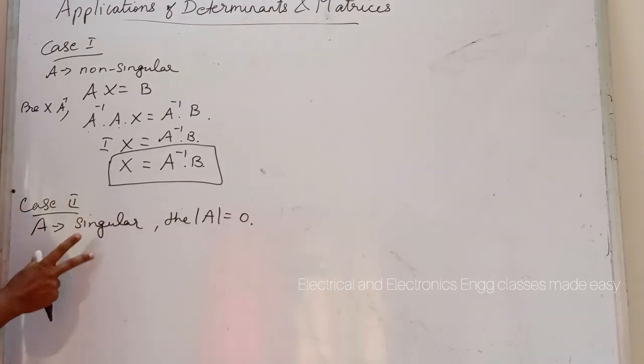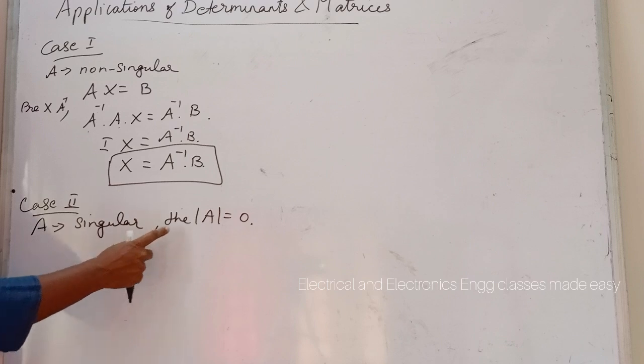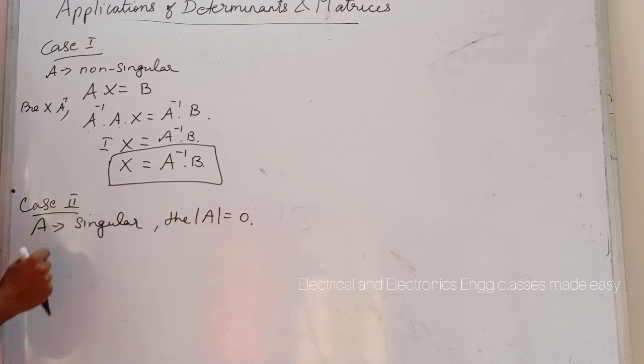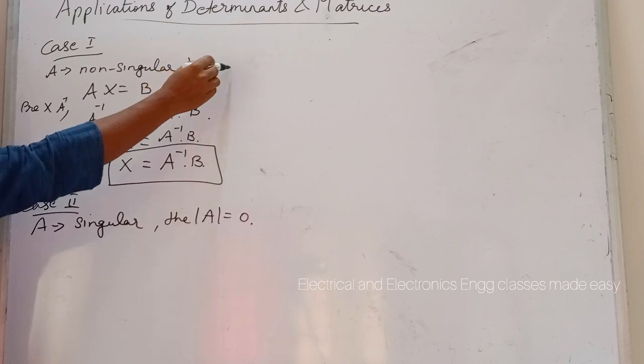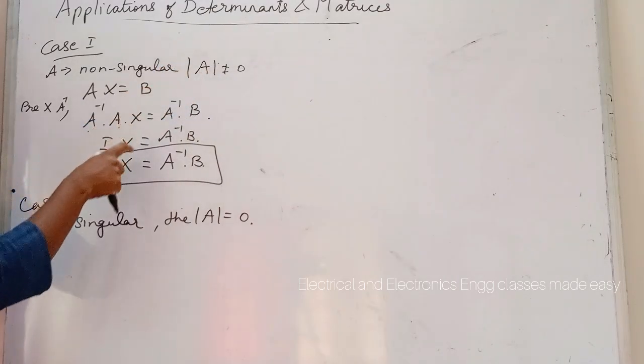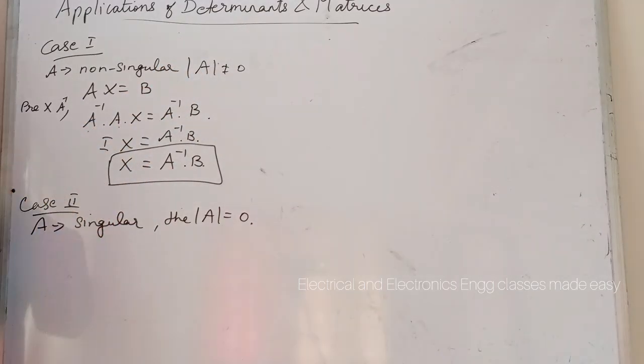The next case is if A is a singular matrix, that is, the determinant of A is equal to 0. In a non-singular matrix, we have determinant of A not equal to 0. Then only we can find A inverse.